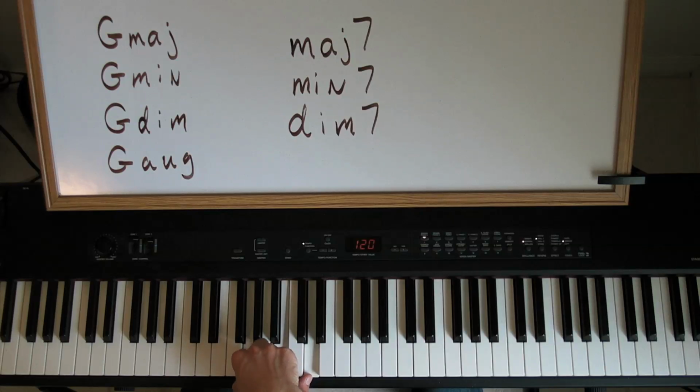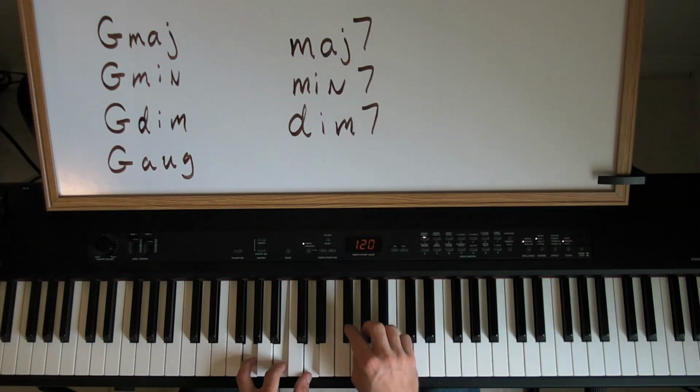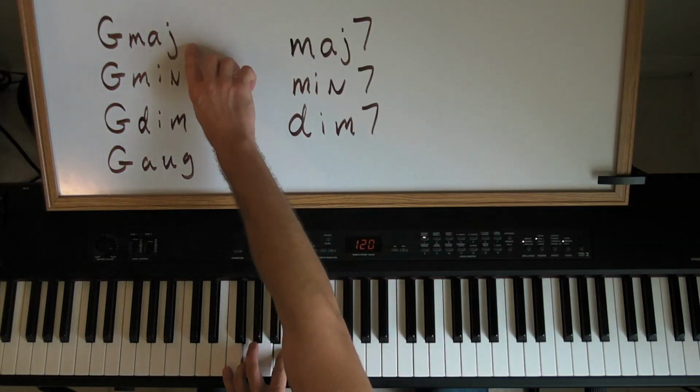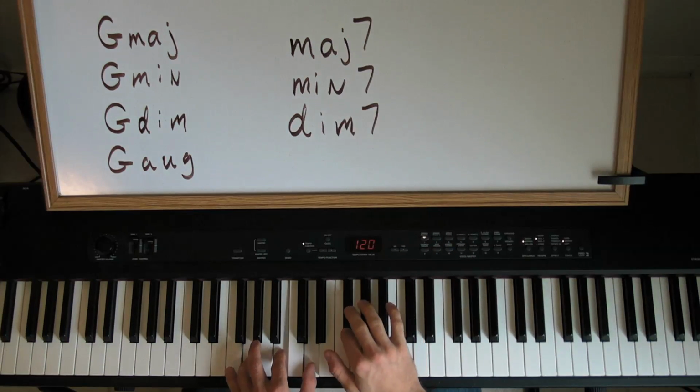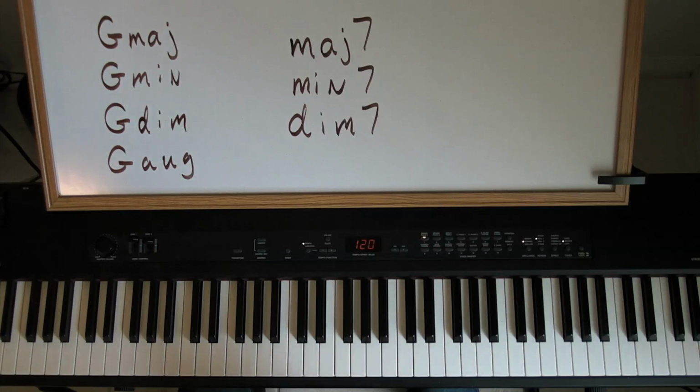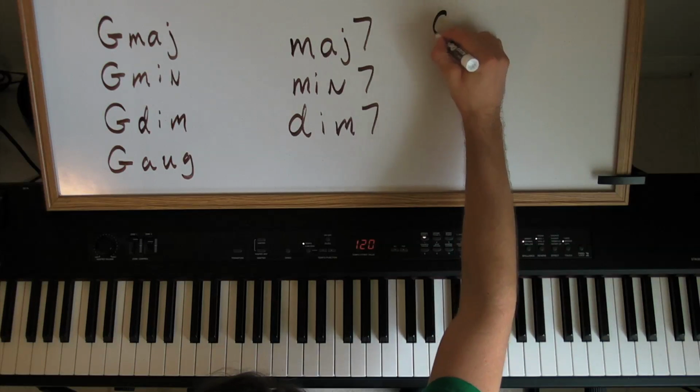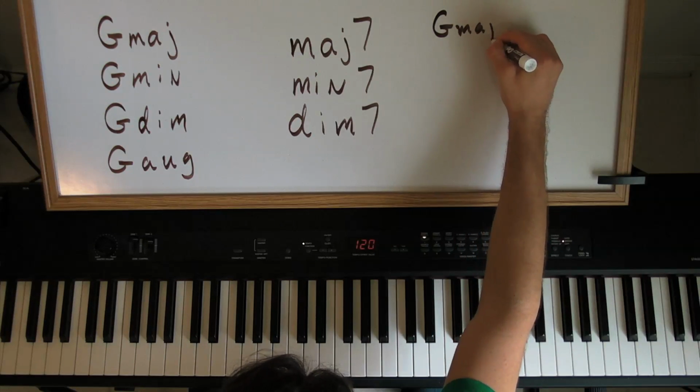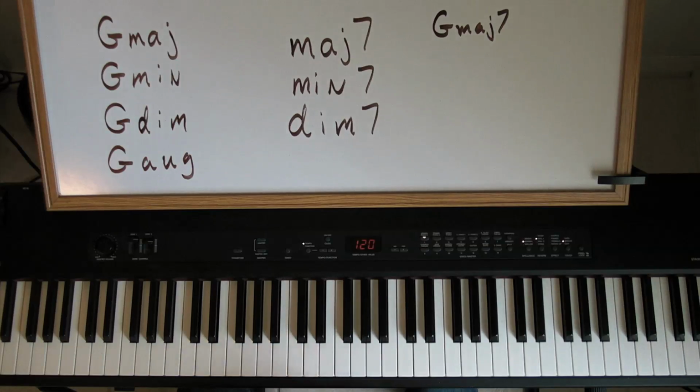And then to find that major 7th, you go up an octave, and then you slide it back a half step, and that puts you right there. So now you have this basic triad with this interval on top. There's your major 7th. We actually covered that one last time, so that should be pretty easy. G major 7, so that's our first 7th chord, the first of 7.